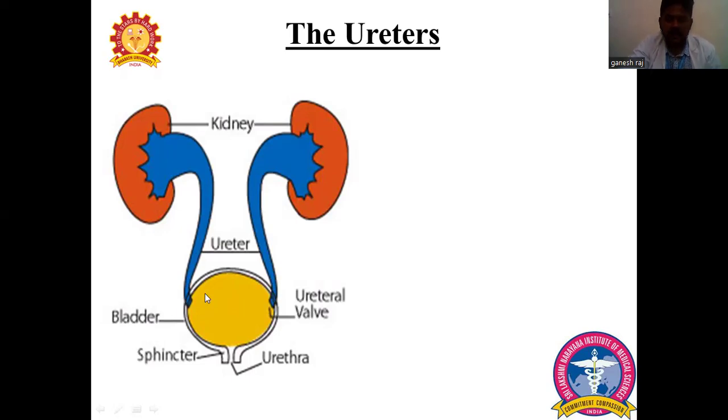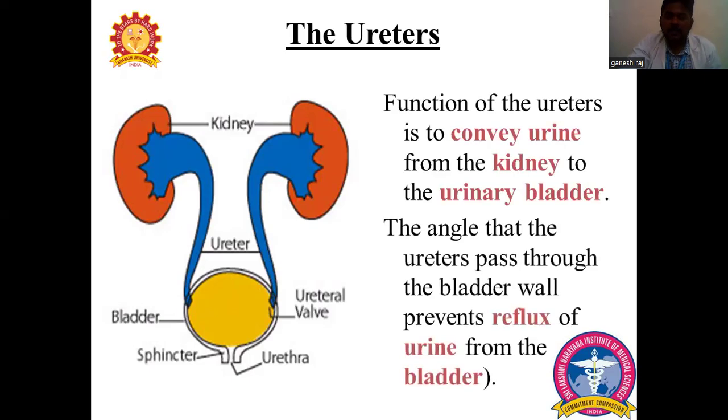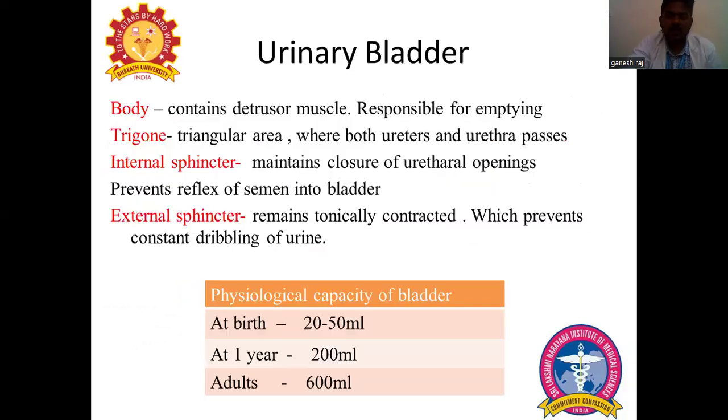The function of the ureter is to convey urine from the kidney into the bladder, and the angle at which the ureter passes through the bladder wall prevents reflux of urine from the bladder into the ureter.